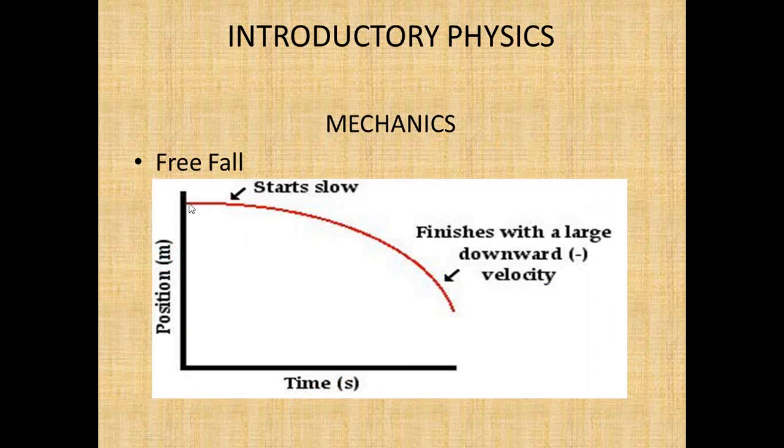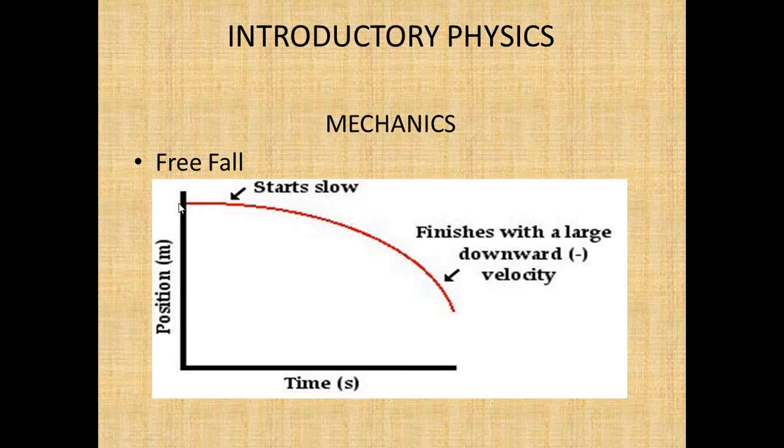So that's what this point here represents. The position is a certain height, and that is why the vertical portion of this position time graph has a number. At time zero, it is at a certain height because you're dropping the object.